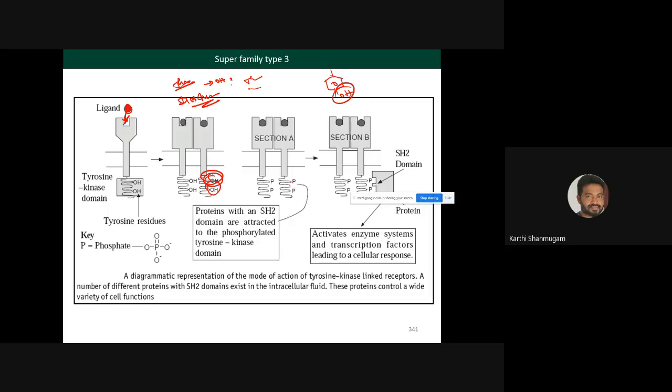Here you can see the OH is now replaced by P. Scientifically, the meaning of this conversion is that the OH group is phosphorylated. Here the OH is phosphorylated, here the OH is phosphorylated, and here the OH is phosphorylated. So dimerization leads to phosphorylation of the tyrosine residues present in the intracellular region, in the tyrosine kinase domain. Is it understandable?